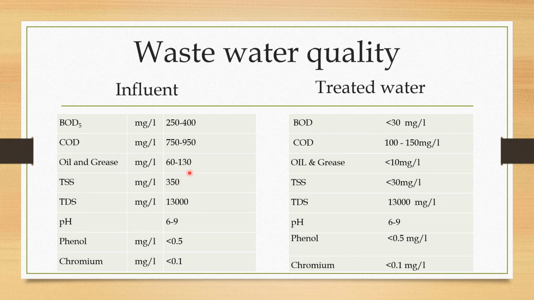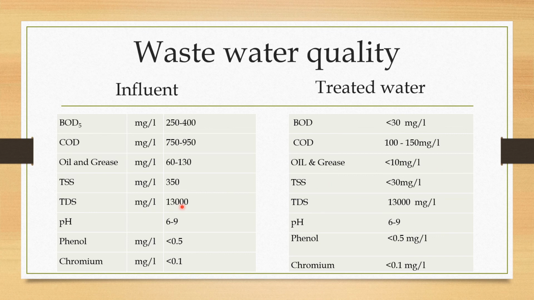And oil and grease in the influent comes from oily wastewater from the compressor and pump area, and that is removed in the retention basin by means of a de-oiling unit, and also removed further in the flotation tank by the air dissolving drum. The oil and grease will be reduced to less than 10 milligram per liter in the effluent.